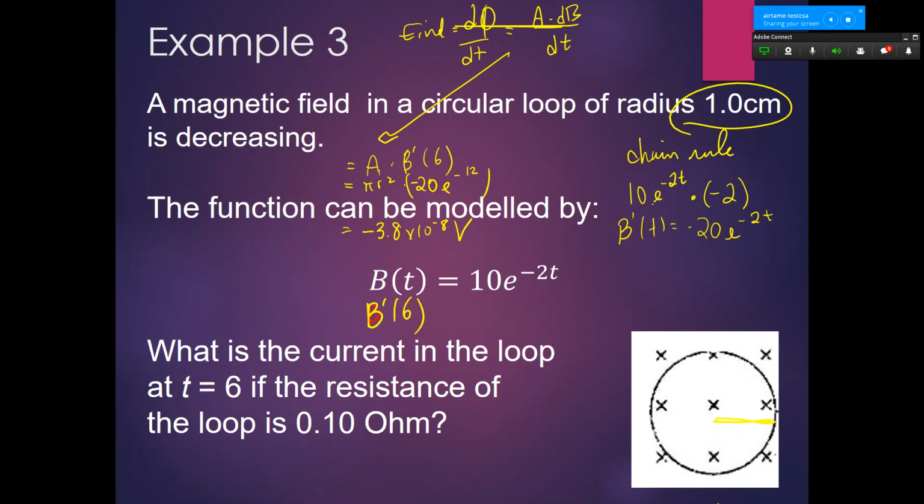So now I need to just use Ohm's law, which is V equal to I times R, or V over R equal to I. So I have my 3.8, the negative sign we're not going to talk about just yet because we need to know Lenz's law for the direction, divided by R, and the R is given in the question, 0.10 ohms. So my answer is going to be 3.8 times 10 to the minus 7 amps.